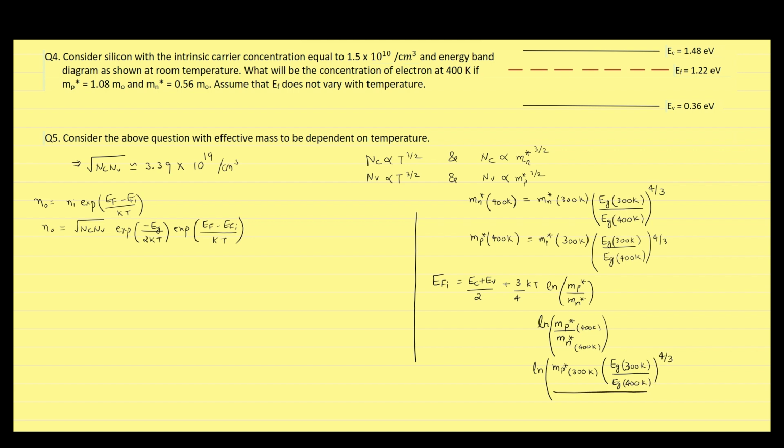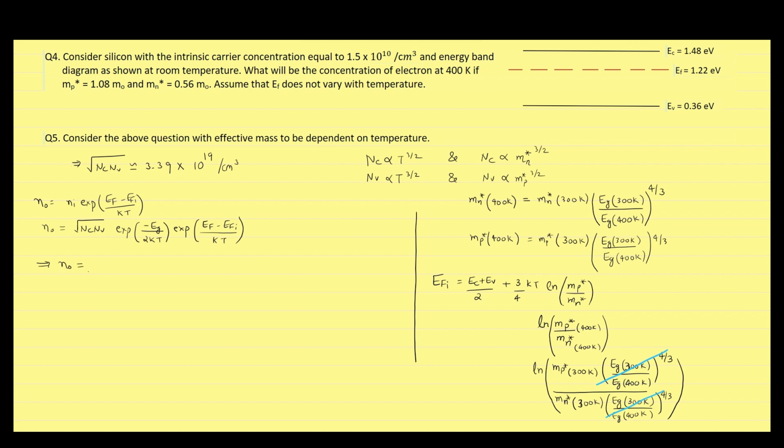A similar expression can also be written for the effective mass of electron. Now you can see that this expression will cancel. It means the logarithmic expression has not changed, meaning that the intrinsic Fermi energy level will remain the same even though it depends upon the effective mass.